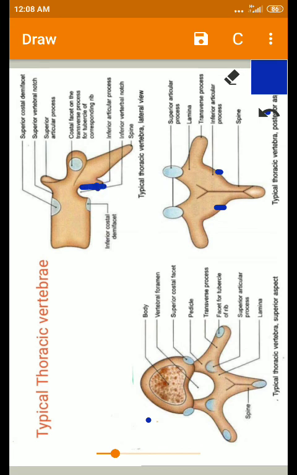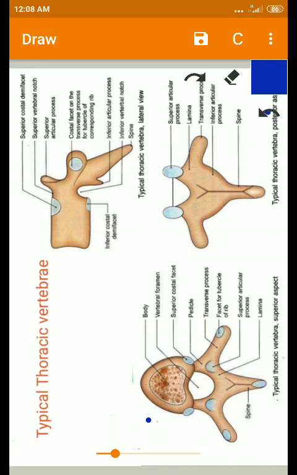And these articular facets face forward. It is present in front, isn't it? So it is facing forward, and also medially and downwards. Medially and downwards, exactly opposite to the superior articular process, isn't it? Why?